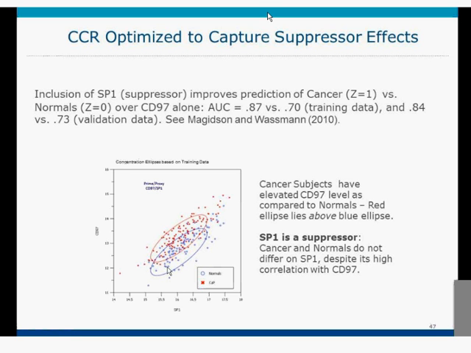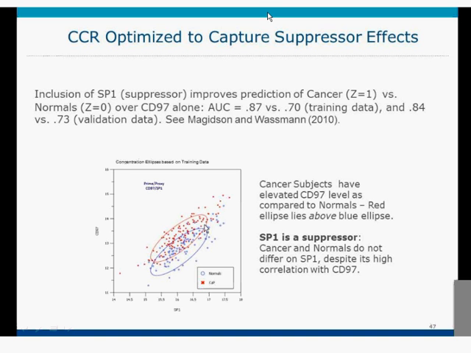But if you take a model, in this case, linear discriminant analysis model or a logistic regression model that includes both CD97 and SP1 predicting cancer, what you get is a discrimination line that goes between these points of intersection here, and you do better than you did by just using CD97 to predict cancer.